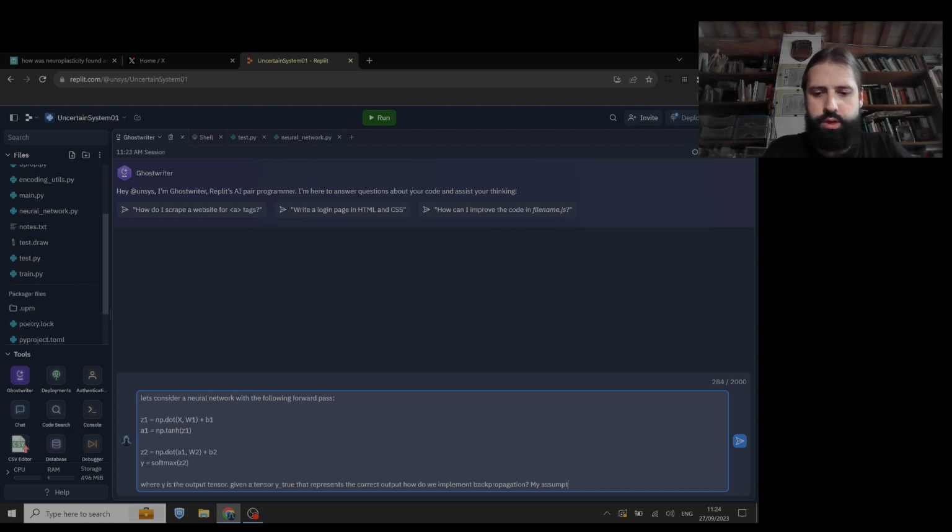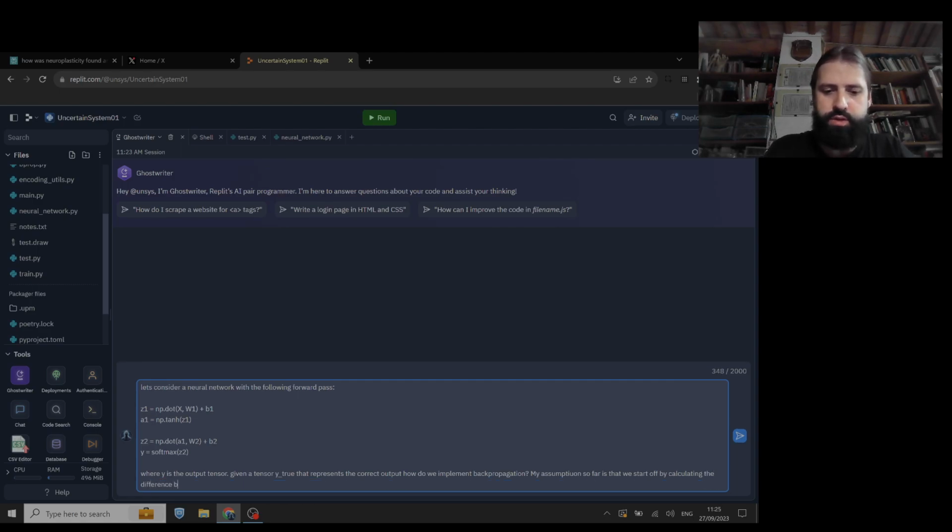My assumption so far is that we start off calculating the difference between output tensors. But then, of course, what we want to modify is tensors W1, W2, B1, and B2, right?